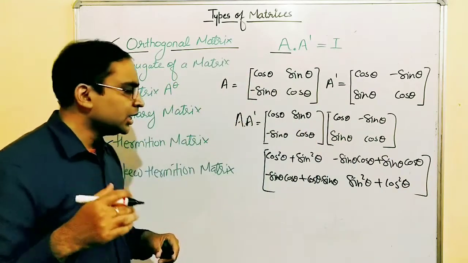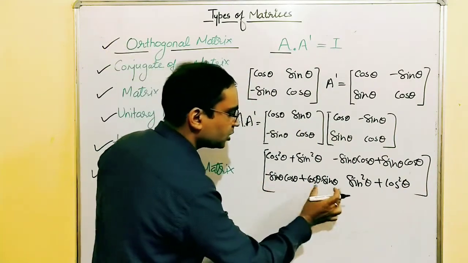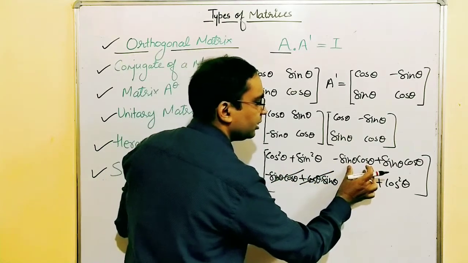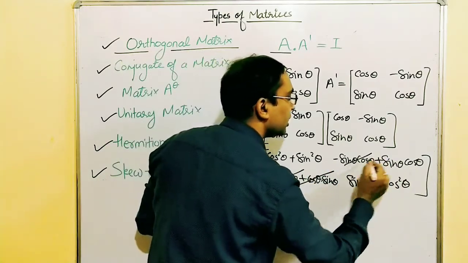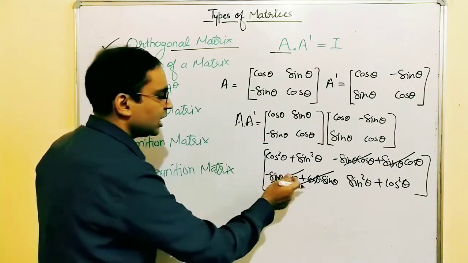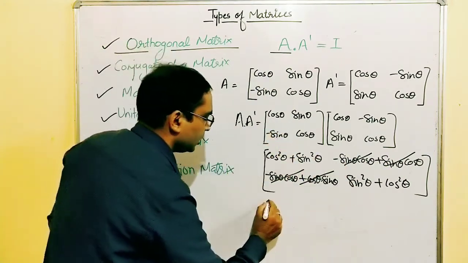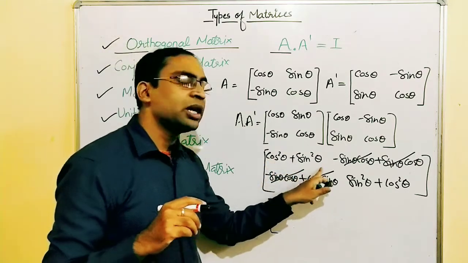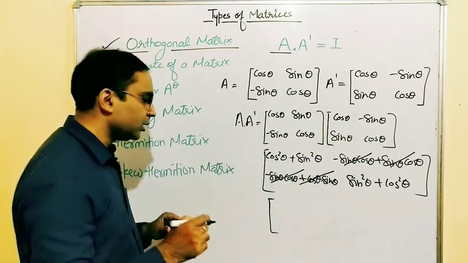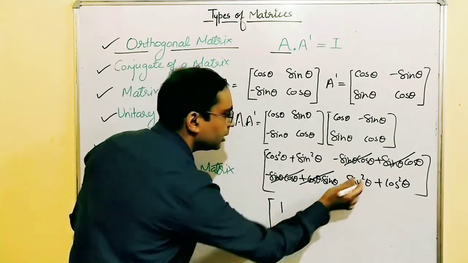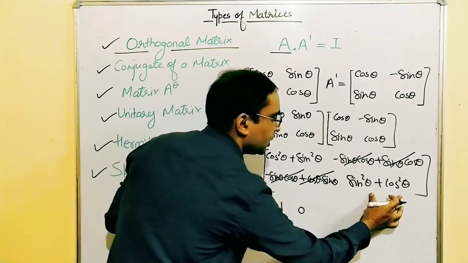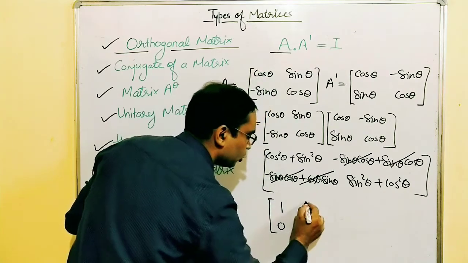Now let's solve it. As we can see here, minus sin theta cos theta and plus sin theta cos theta will cross out, and we have 0 here and 0 here. And we have the trigonometric property that cos square theta plus sin square theta is always 1. So we have 1 here, 0 here, 0 here, and sin square theta plus cos square theta also comes to be 1.